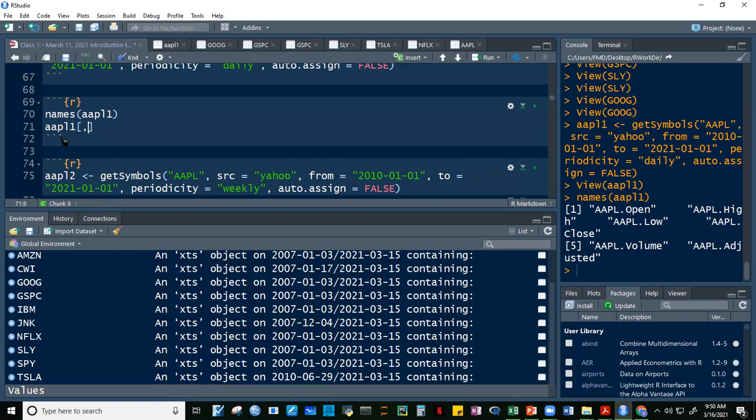Di ba pag nagsasubset tayo, ito yung rows, ito yung columns. Okay? Rows and columns. So we can access non-contiguous rows. Ano ibig sabihin non-contiguous? Hindi magkakasunod.